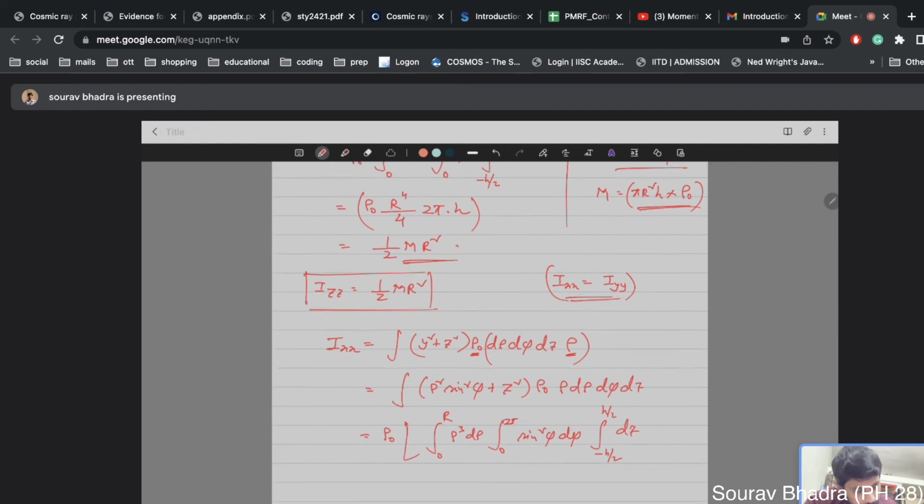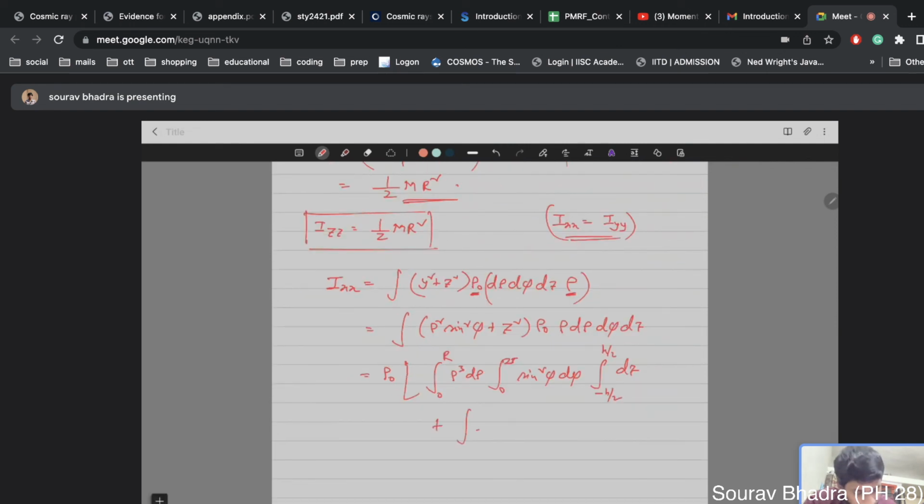This is the first term, plus rho d rho, integral from minus h by 2 to h by 2 of z squared dz, this is the second term.